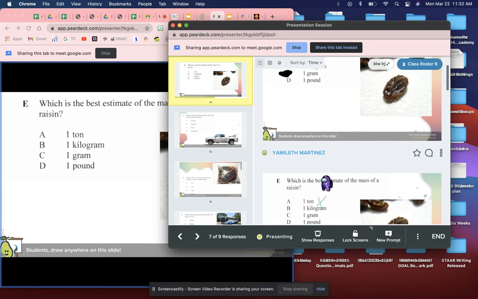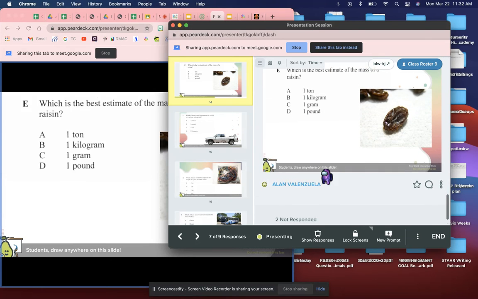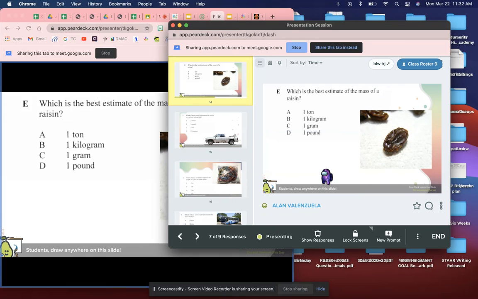Maite, did you get to answer it? Okay, the best answer for this one, 1 ton is too big, right? And remember, ton, we're talking about weight. So we're not measuring weight, it's asking for mass.